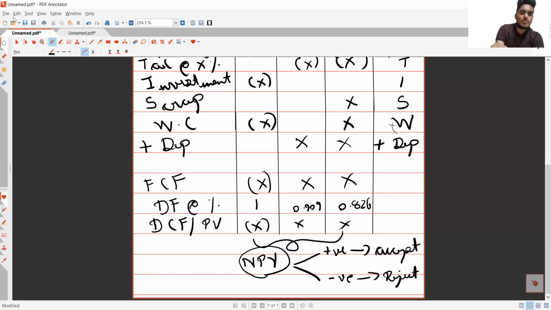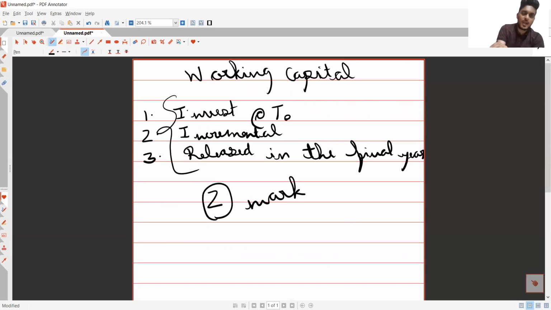Now, guys, we spoke about something called working capital, as you can see here. These 3 points are very, very, very important that you must bear in mind. We will do a question, and that's when you'll get to know how these points come across. All right. So, guys, I feel I've covered as much as I can as far as this NPV computation is concerned.